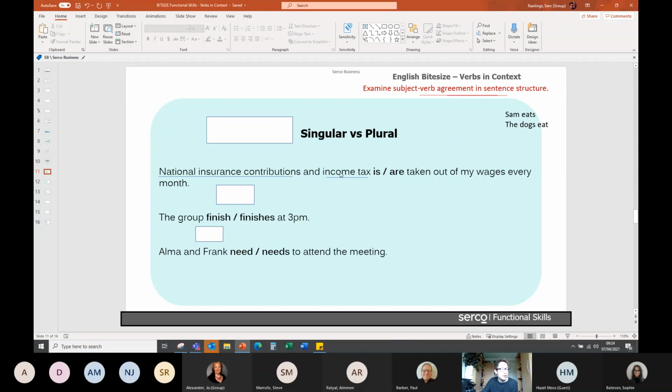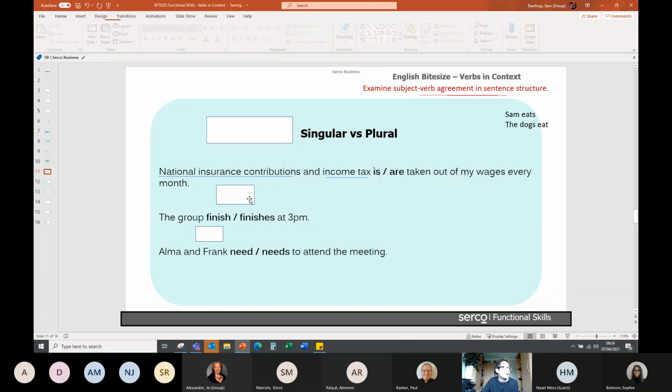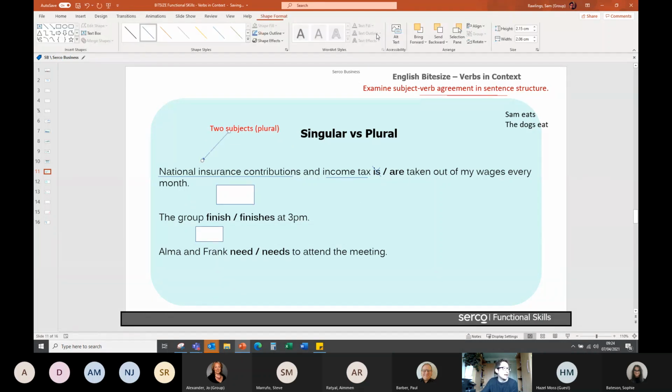But we have got plural, so we're going to use is or are. Exactly, Debbie. We're going to use are. So national insurance contributions and income tax are taken out of my wages every month because this has two subjects, so it's plural.